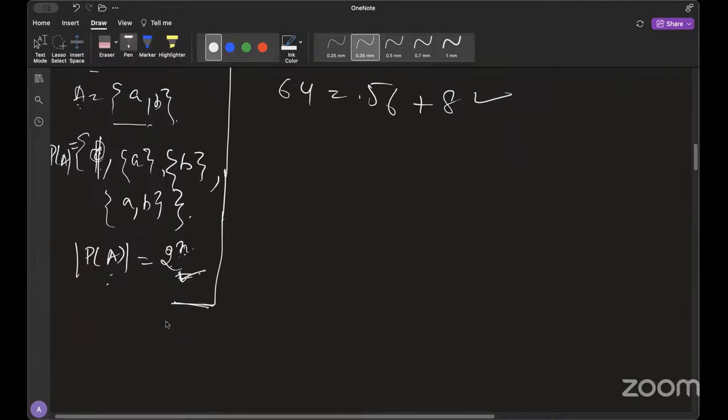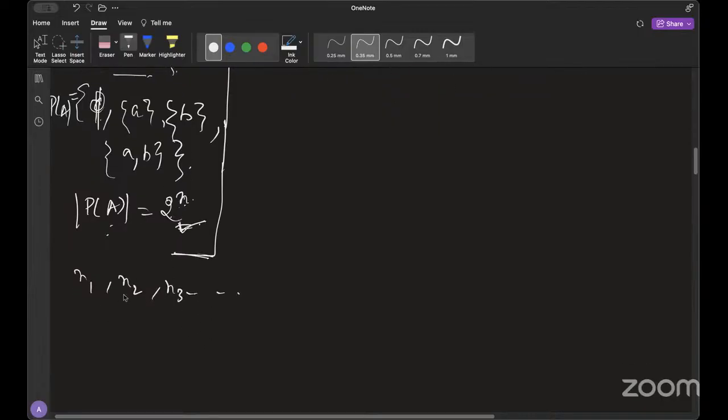So basically, let's just say you have n elements. This is the first element, this is the second element, this is the third element. To make a subset, you have two choices for every element: either you keep it or you don't keep it.